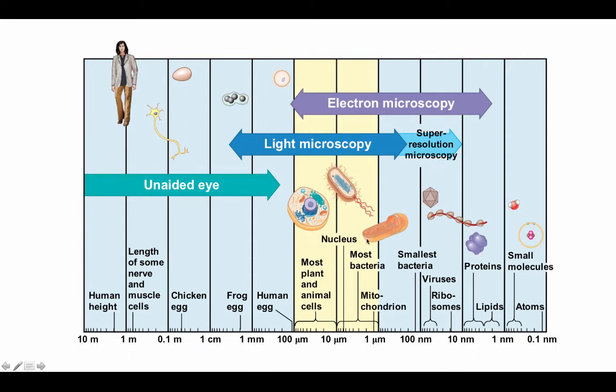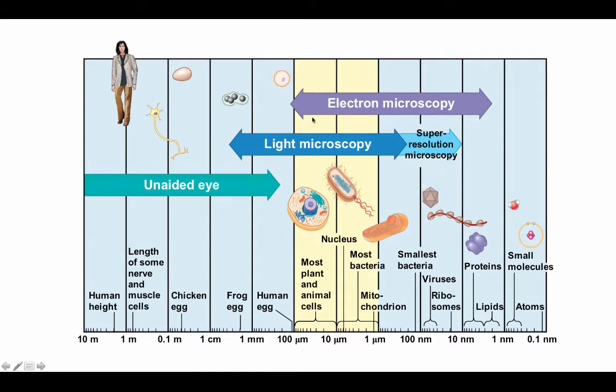We can see the nucleus just fine with a light microscope. Most bacteria, there's some very small ones that can't be seen with a light microscope. And even going down to the larger organelles, such as mitochondria, we can extend this range using enhancement techniques, which are described in the book, to see things even smaller.